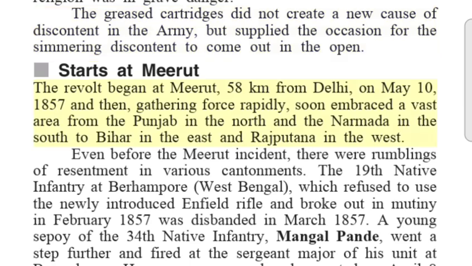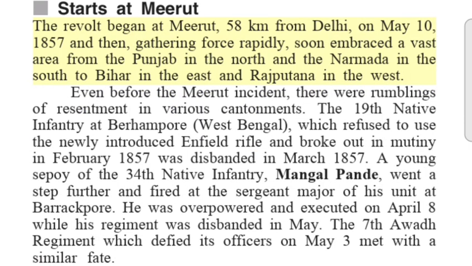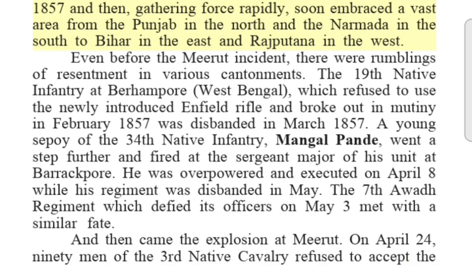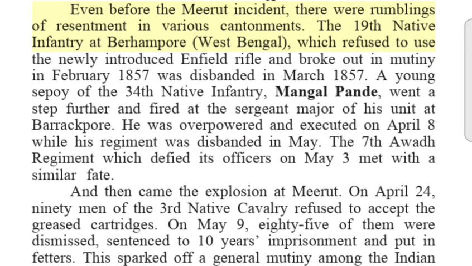Starts at Meerut. The revolt began at Meerut, 58 kilometers from Delhi, on May 10, 1857, and then, gathering force rapidly, soon embraced a vast area from the Punjab in the north and the Narmada in the south to Bihar in the east and Rajputana in the west. Even before the Meerut incident, there were rumblings of resentment in various cantonments.